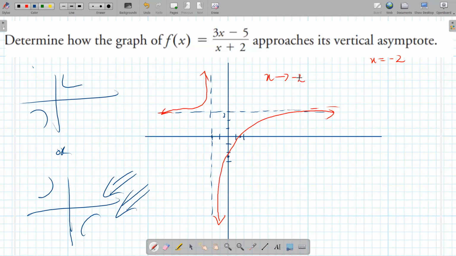As x approaches -2 from the left side, that's why I put a minus sign there, y is going to positive infinity. And when x is going to -2 from the right side, I'm going to put the plus sign. As x is going to -2 from the right side, where's y going? To negative infinity. There we go, and that's the answer to this problem.